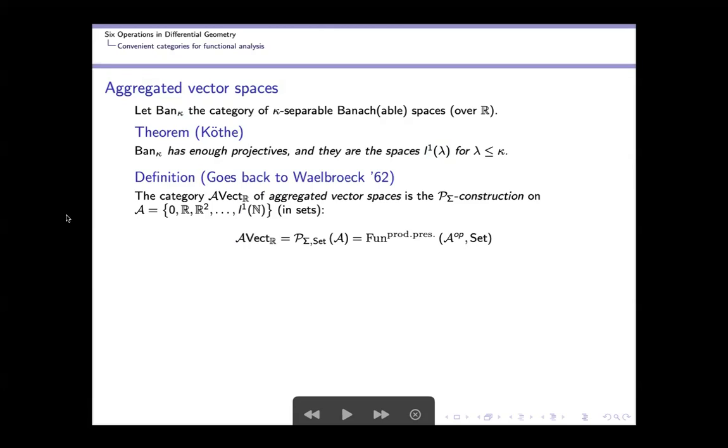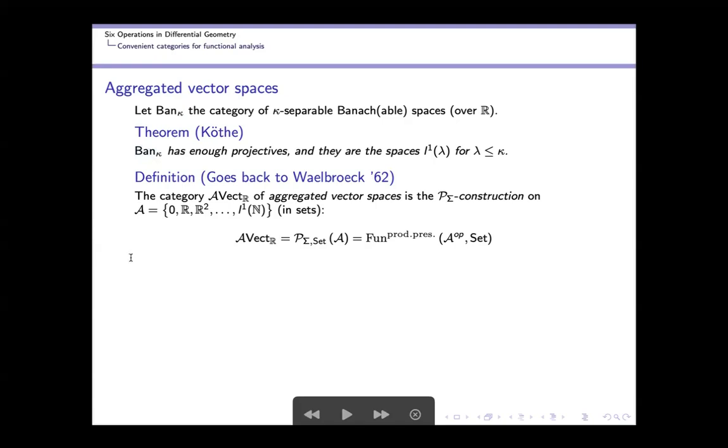The idea is now to take, for the derived category of Banach spaces, this P sigma construction on the projectives of the category of Banach spaces.